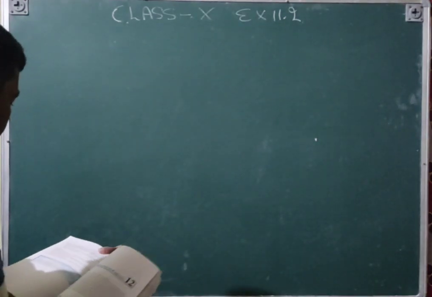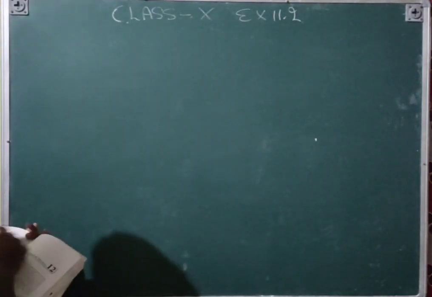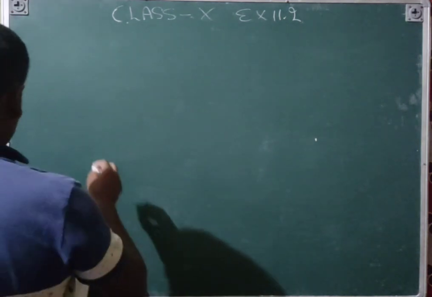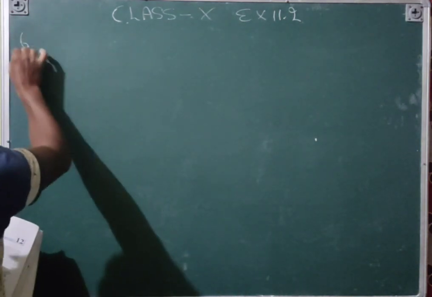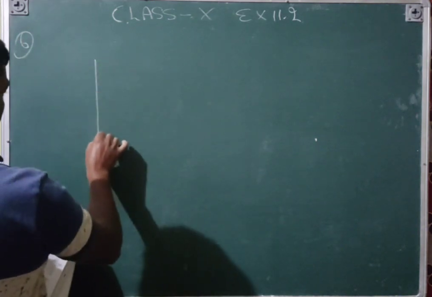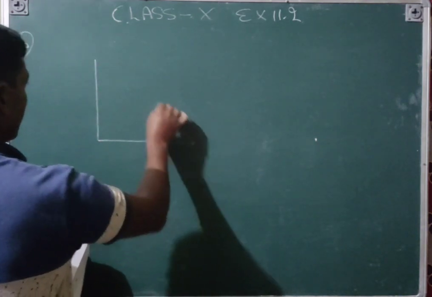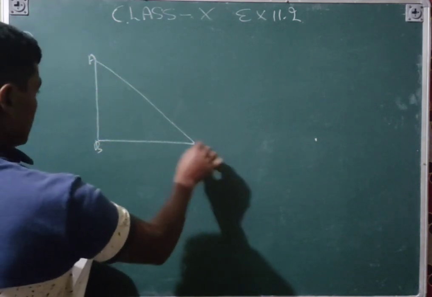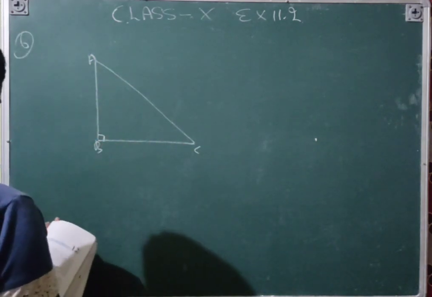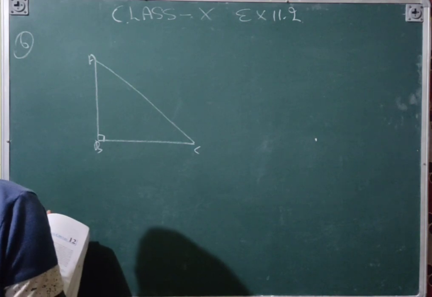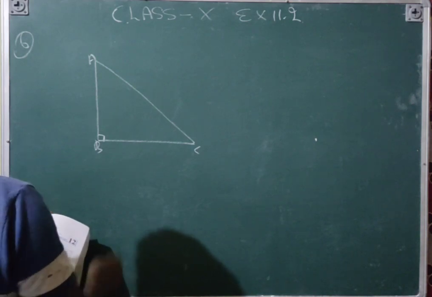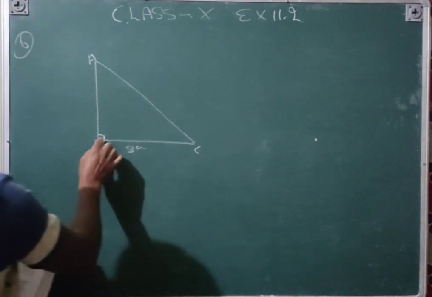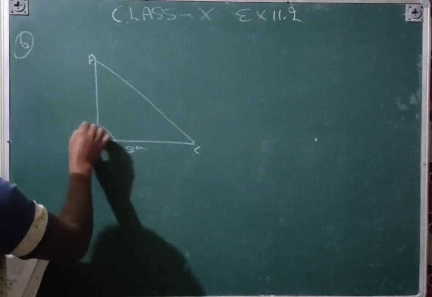Sixth question is: let ABC be a right angle triangle at B. So first of all we will draw a right angle triangle, that is A, B, C. This is the 90 degree. First of all we will draw the 8 centimeter BC, and then here you will draw the 90 degree angle.